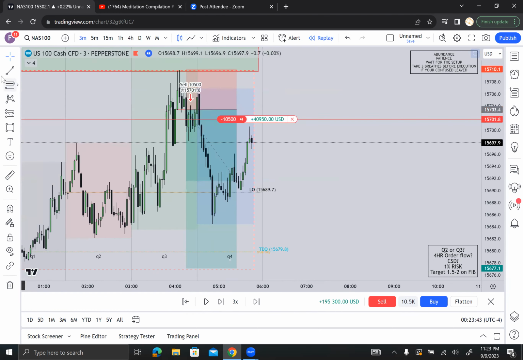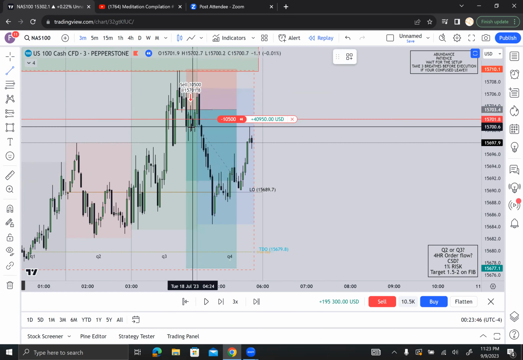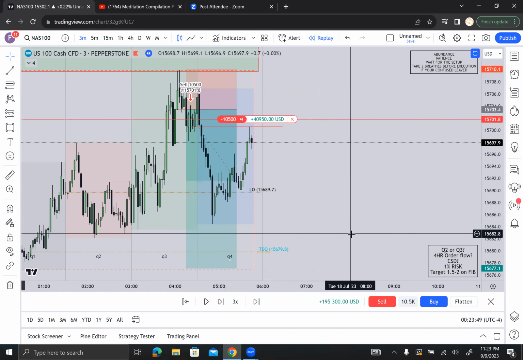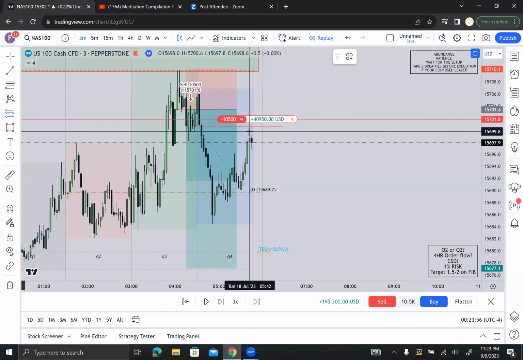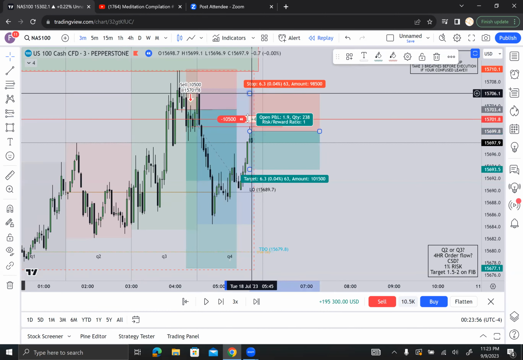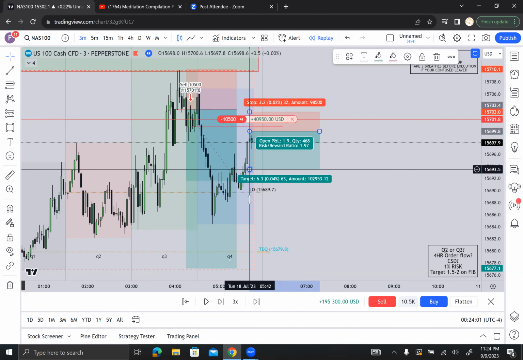Not really. You know what? We trust it. Trust it because you have a CSD here. I would look to actually enter another side. Check it. Bam. This is stop loss break even. Same target.